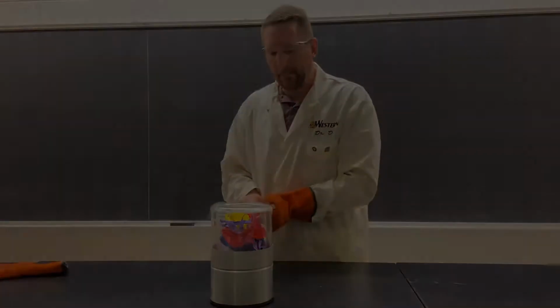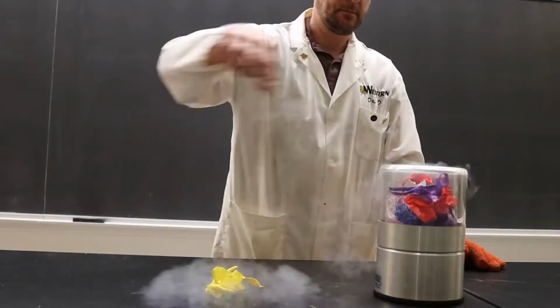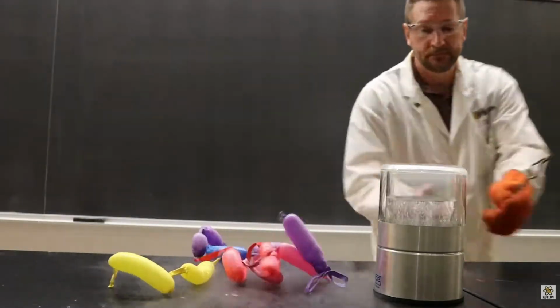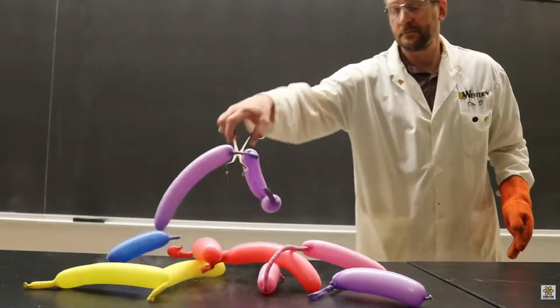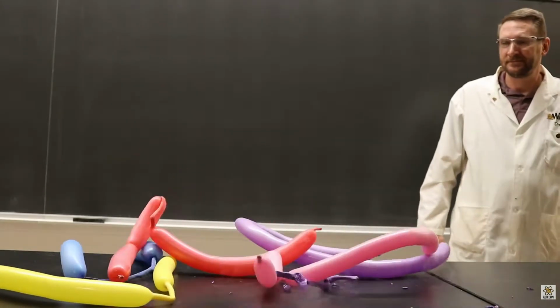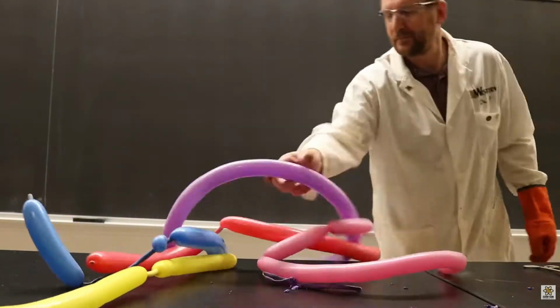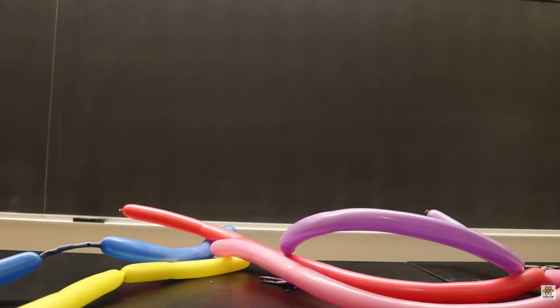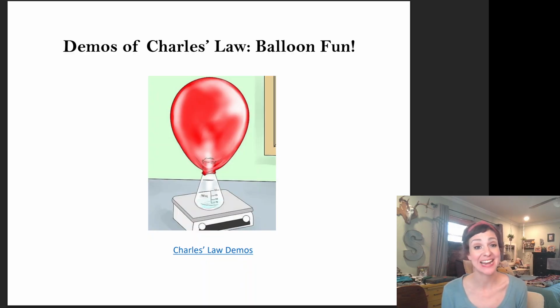Now let's warm them up. So that's an excellent demonstration of Charles's law. As the temperature of something decreases, the volume drastically decreases.